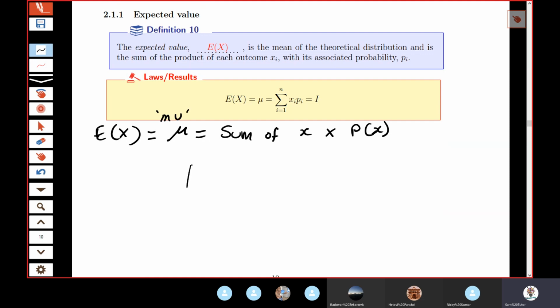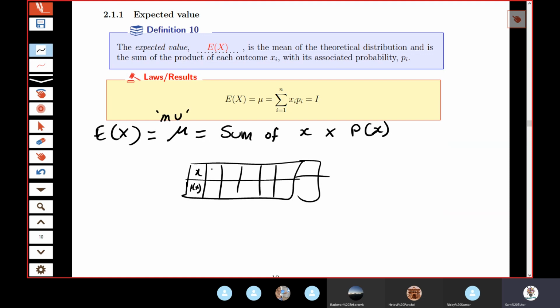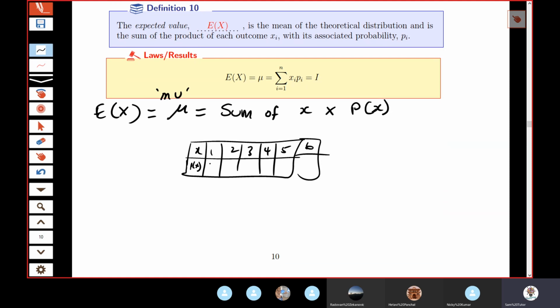So that means if I think about, let's say, the dice question that we just saw above, 1, 2, 3, 4, 5, 6. The probability of each one occurring is 1/6, 1/6, 1/6. The expected value of this, or the mean of this, is the sum of the x's multiplied by the probabilities.